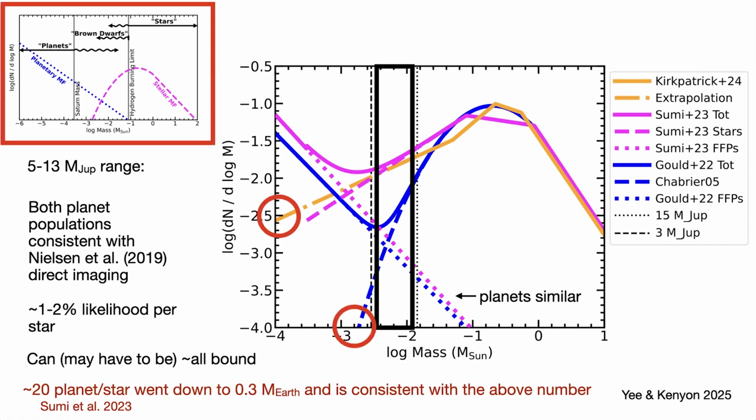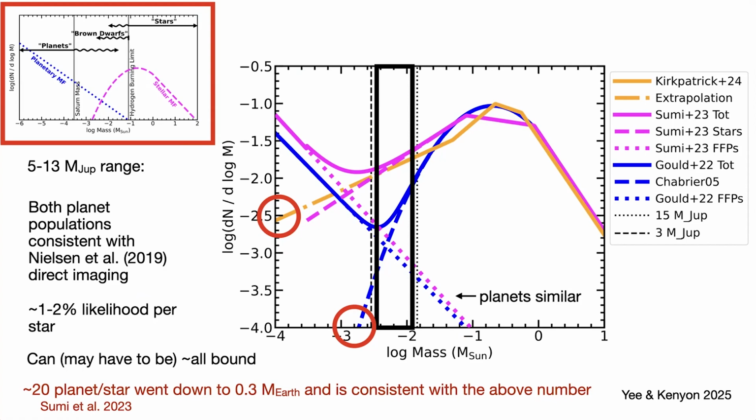Okay, so notice that if you're using this kind of model that's just the stellar IMF and the planetary IMF, then the stellar IMF here has to go all the way down to a Jupiter mass, which is similar to the opacity limit for fragmentation, where you can't fragment in a cloud anymore because you're too opaque.